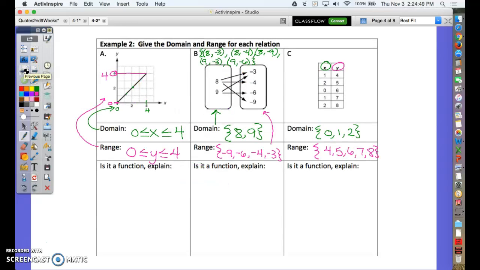If I look at this and I think about my input, when x is 0, y is 0. When x is 1, y is 1. When x is 2, y is 2. All of these are unique points. X is never paired with more than one y value. So is this a function? I would say yes.